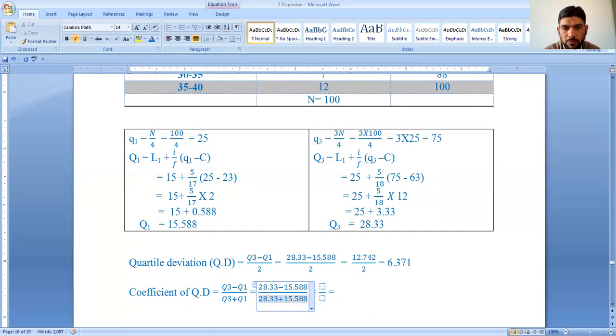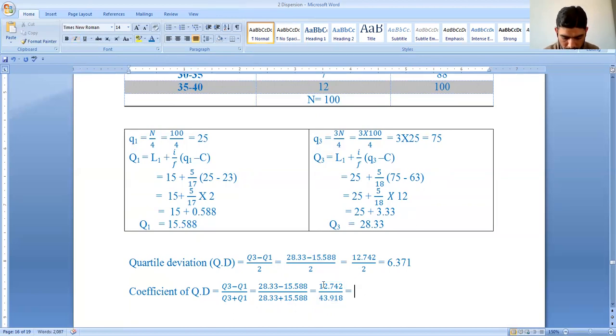On subtraction it will be 12.742, divided by 28.33 plus 15.588, which will be 43.918.